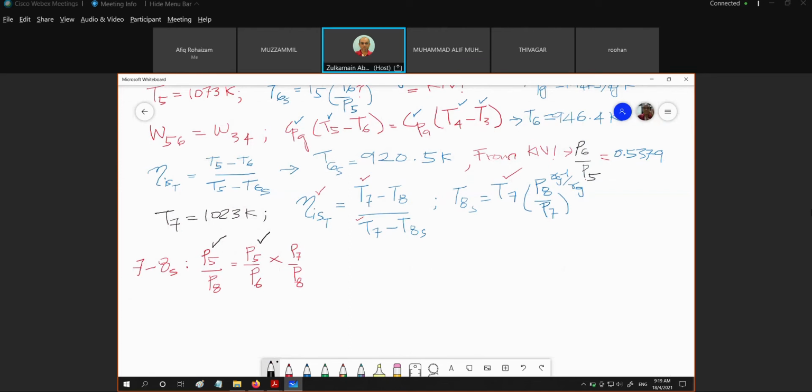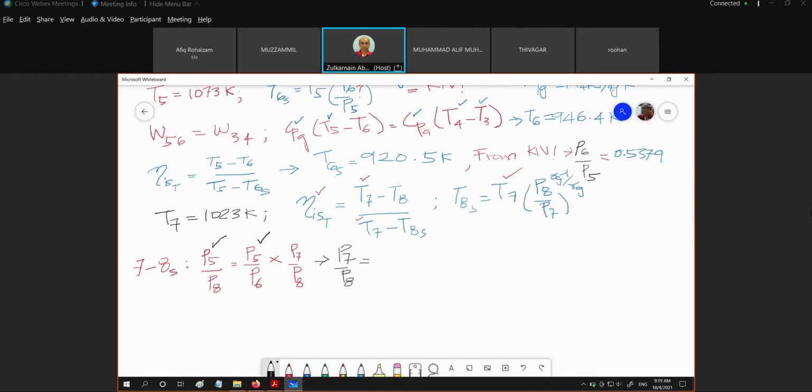From here we could solve for P7 over P8, which we need in this equation to solve for T8S.